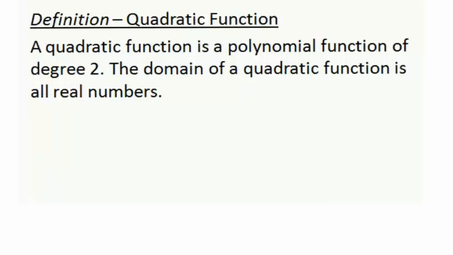The polynomial functions that we want to talk about in this chapter first are called quadratic functions. Now we've already seen quadratic expressions. These are polynomial expressions where the degree is equal to 2. So, for example, one quadratic function might look like 3x squared minus 2x plus 1.